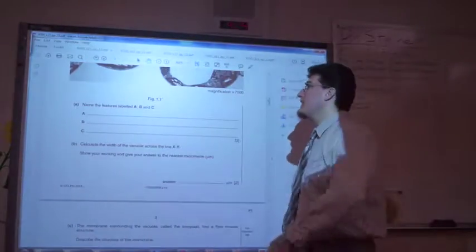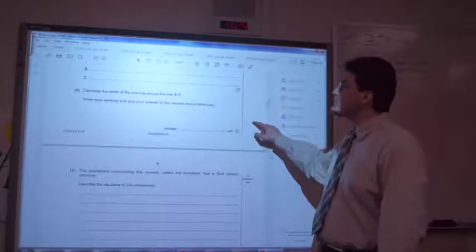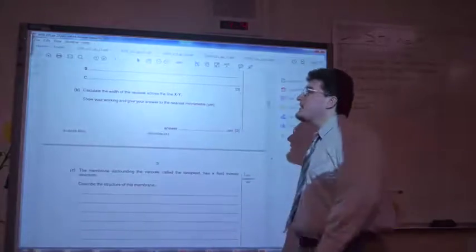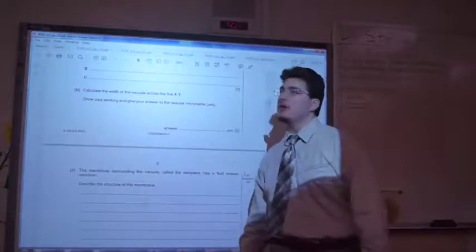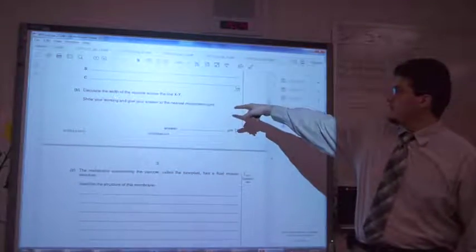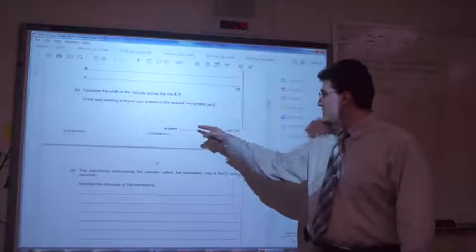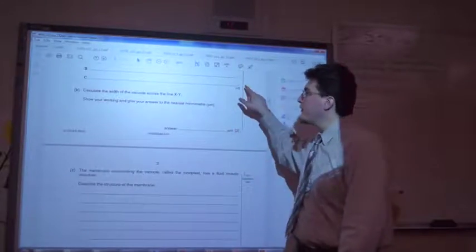Name the features labeled A, B, and C. Okay, not as important for you right now, but I'm more interested in calculate the width of the vacuole across line XY. Show your working and give your answer to the nearest micrometer. Micrometer unit given there, µm. Worth 2.